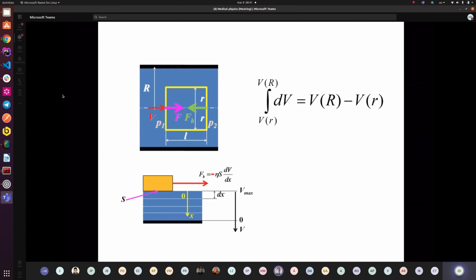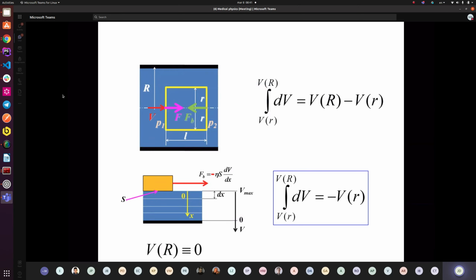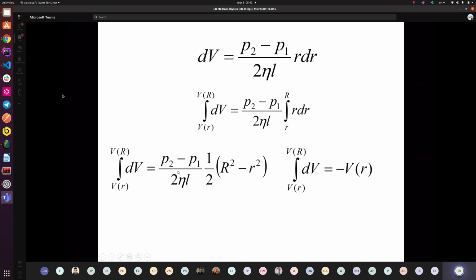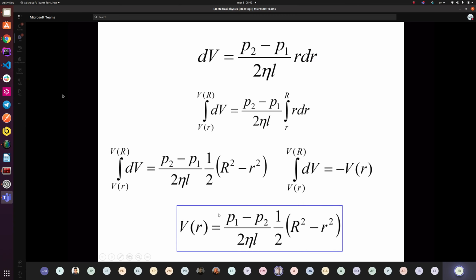This experiment. So you consider that V at R is definitely equal to 0. As a result, this integral is equal to minus V(r). Now we can write that this minus V(r) must be equal to this one. And this is the final result.